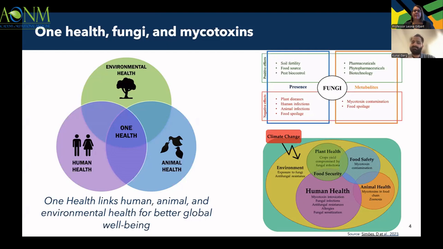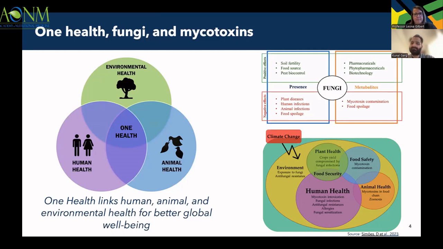But since mycotoxins are secondary metabolites of fungi, we also need to see the positive side of the metabolites, which is them being used in the pharmaceutical and biotechnology industry. But obviously, we're here to discuss mycotoxins and the contamination of mycotoxins, which actually leads to food spoilage. I introduced the concept of One Health because One Health is not just about what is going on today, but it is also about the future.